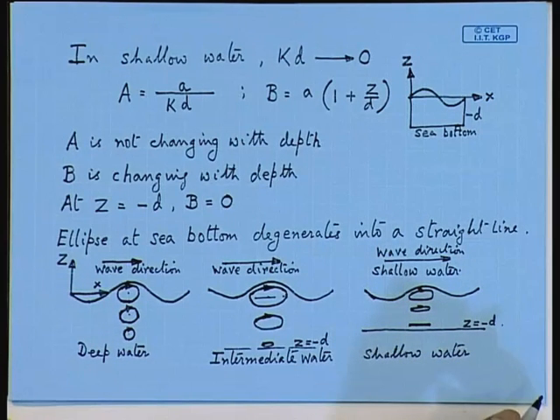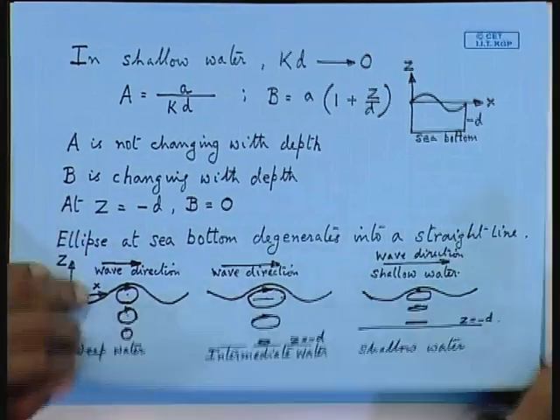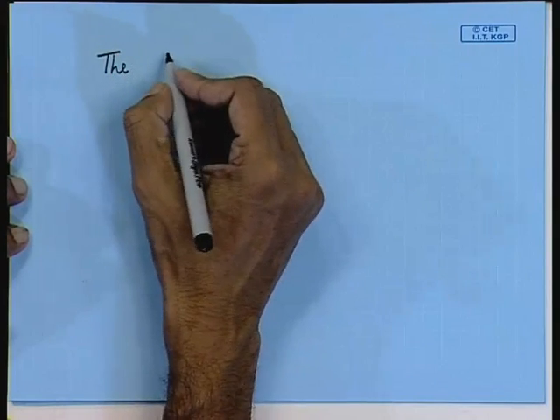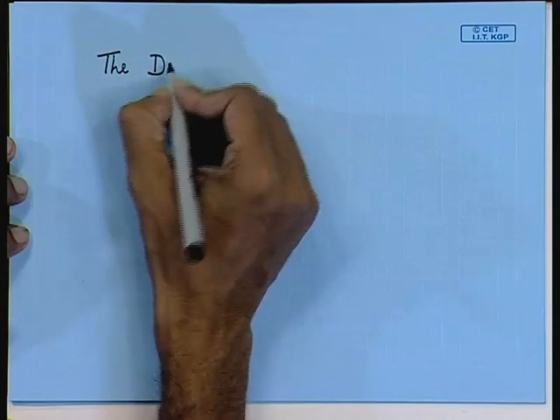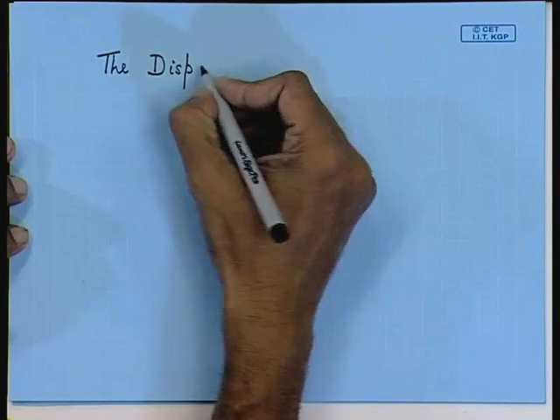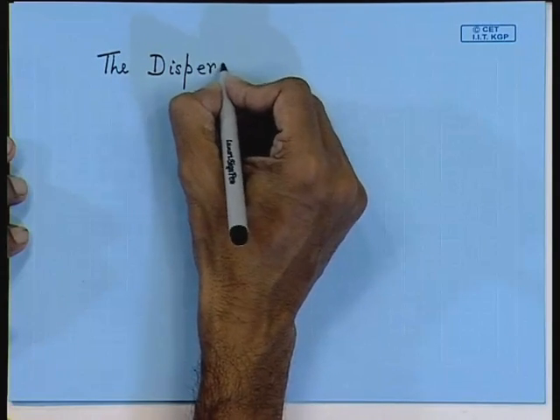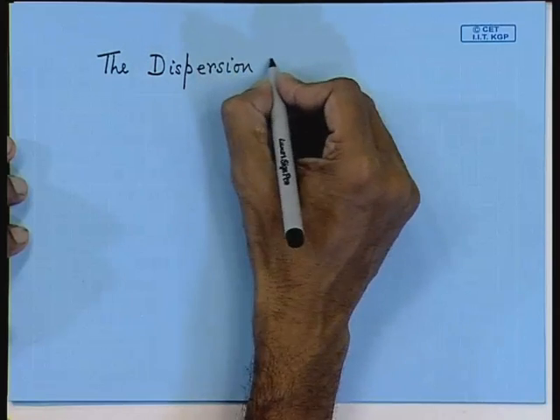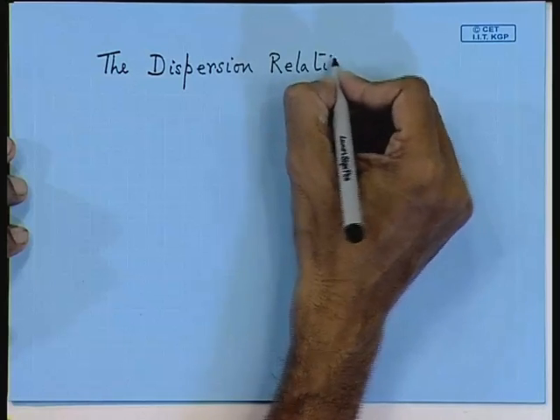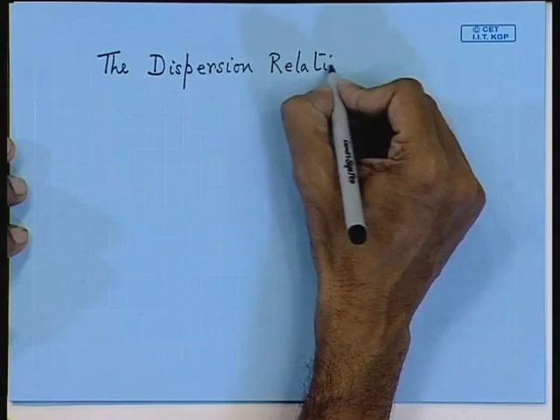Now next let us come to another important relationship, which is called the dispersion relationship. Now what is the meaning of this term dispersion?